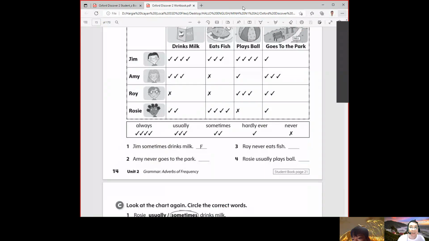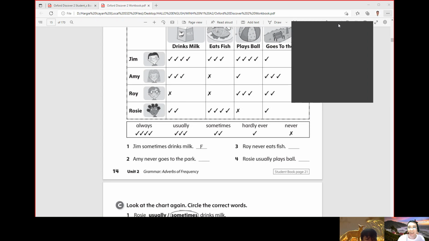I hope you can see this one, Min. Can you see it? Yes, I can see it. Okay, so let's try to continue this one.